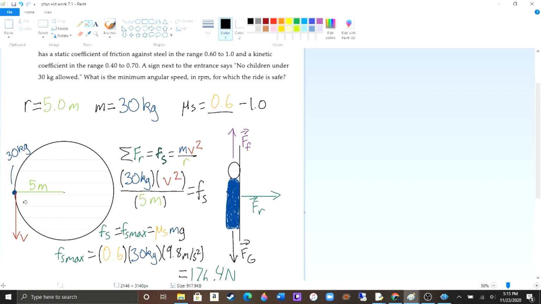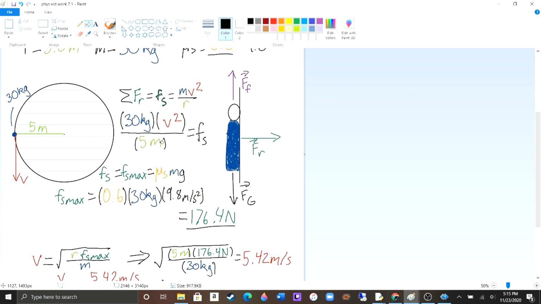So the acceleration is pointing inwards, but we feel a force pointing outwards. We can find this, which is also equivalent to Fs. It's mass times velocity squared over our radius. We can plug that in, and that will be Fs for later equations.